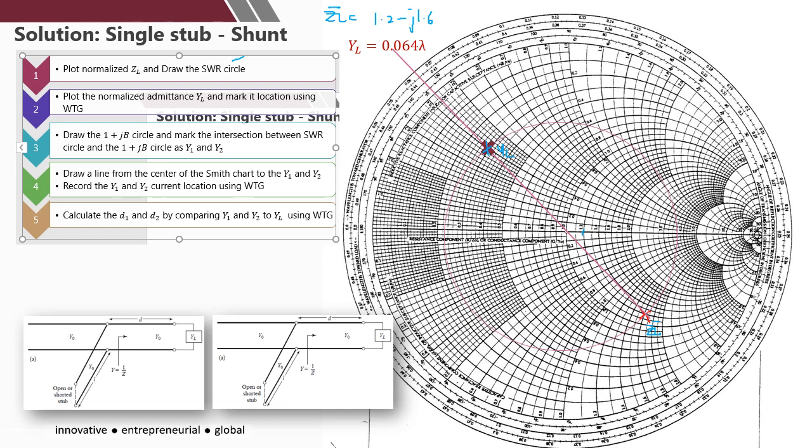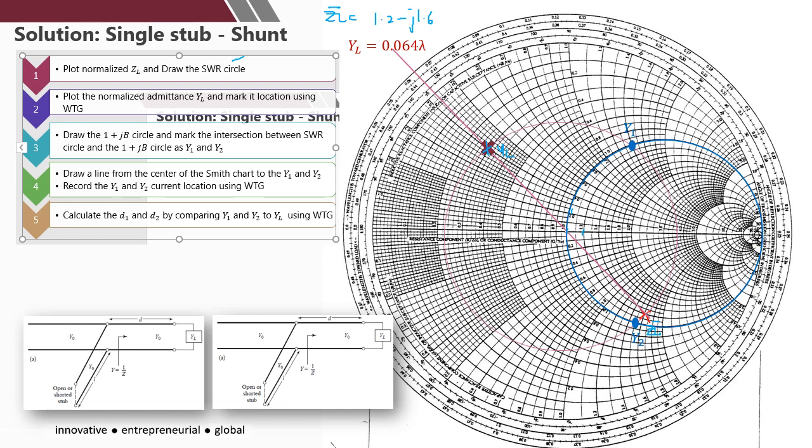Okay, next draw the 1 plus J beta circle, so 1 here plus J beta, circulating that area. Mark the intersection between the SWR circle and the 1 plus JB circle, the pink and the blue circle, look at the intersection point and mark it as Y1 and Y2.